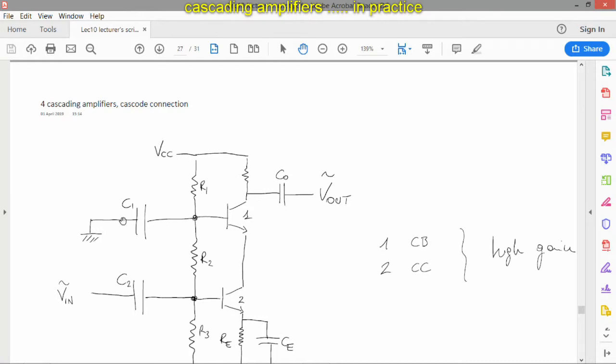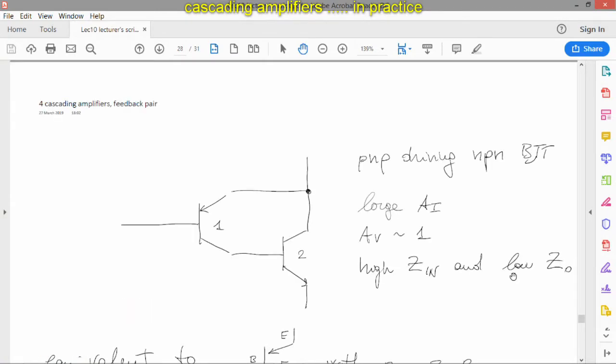You see the base is connected to ground. And the second stage is a common collector. You see here, the collector is connected effectively to a common potential. Each one of these types of connections that I'm showing you has some peculiarity. This, for example, has very high gain also, both in voltage and in current. So there are reasons why people obviously may choose one or the other.